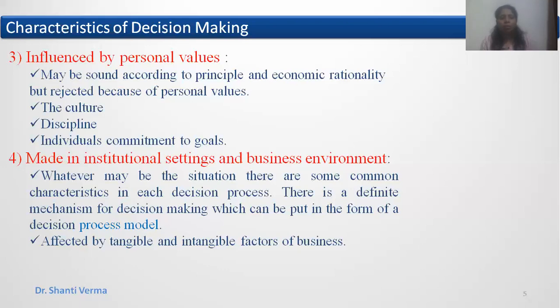Next, the culture, the Indian culture, the foreign culture, all these cultures influence the personal values. Discipline. Next, the individual commitments to goals. It might be possible that the individual commitment to goals of the person might affect the decision making process of a business.